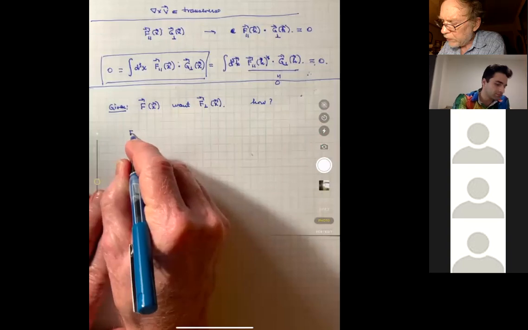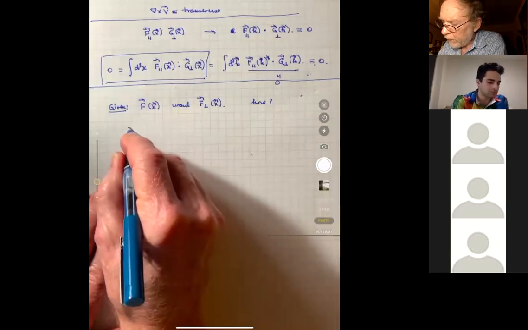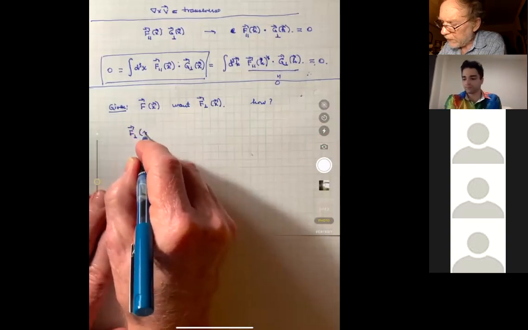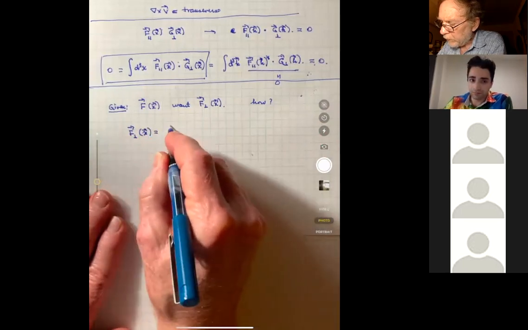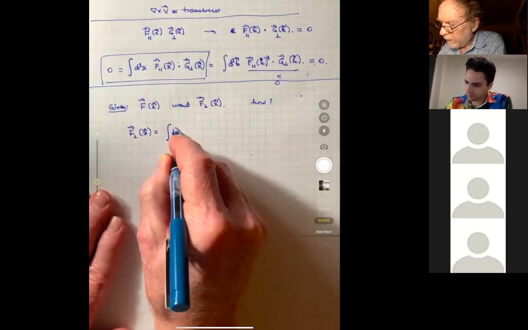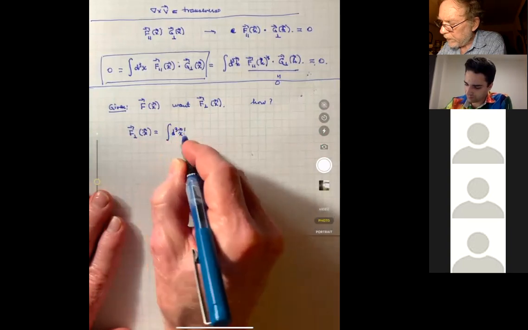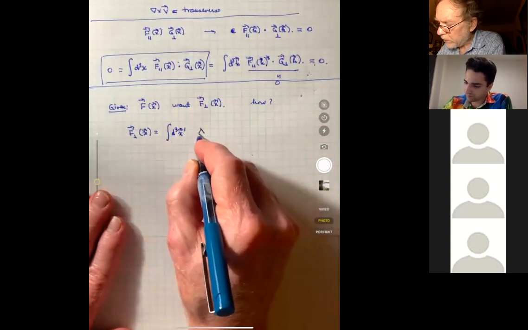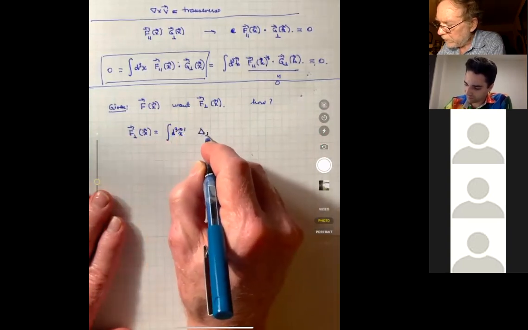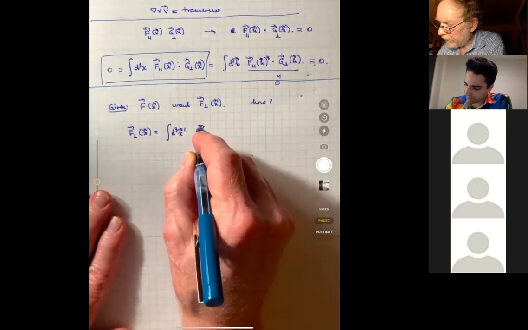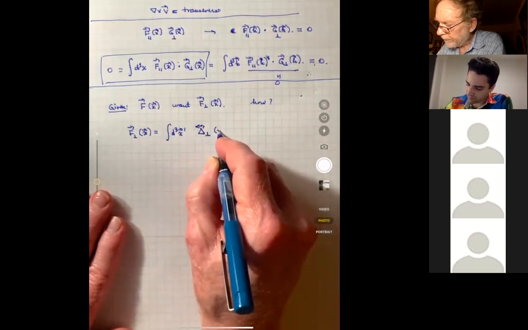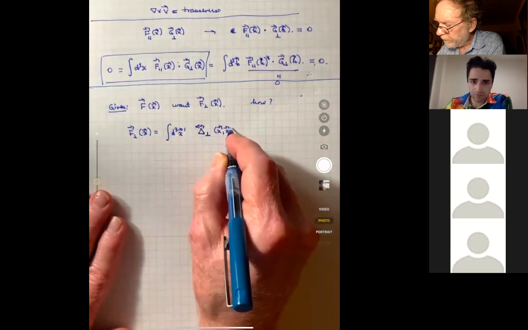So we get an expression that looks like this: f perp, or f transverse of x, is equal to an integral transform, d cubed x prime, of a certain kernel, which I'll write this way, delta transverse, and I'll put double arrows over it because it's actually a tensor, of x and x prime.